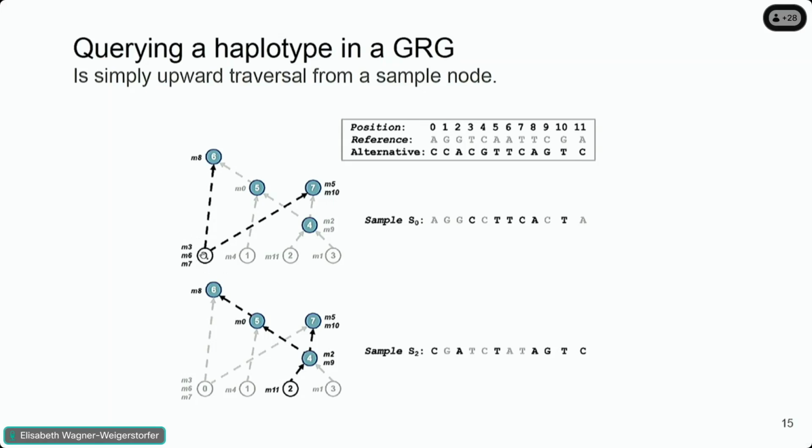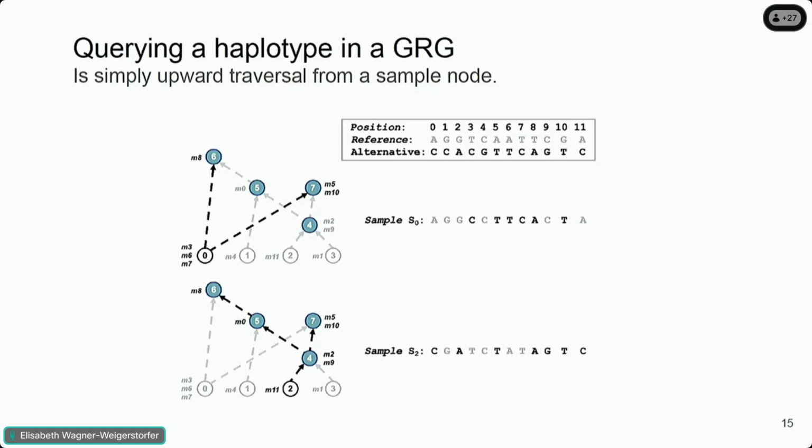Then we traverse upward to node 6, upward to node 7, and collect all the variants on these two nodes. The rest of the information is implied. They are the same as the reference. Similarly, if we want to know the haplotype at node 2, we traverse upward, collect all the mutations on the way, and then reconstruct the information on this haplotype.